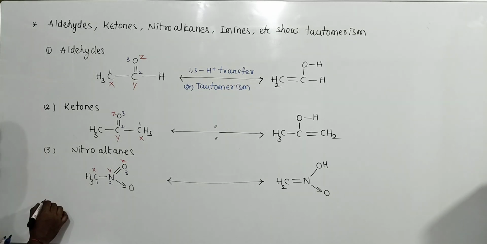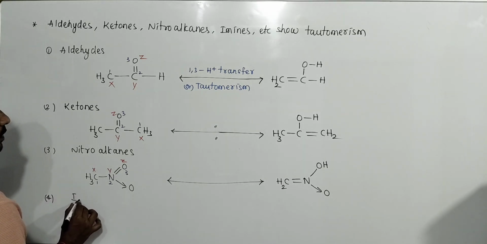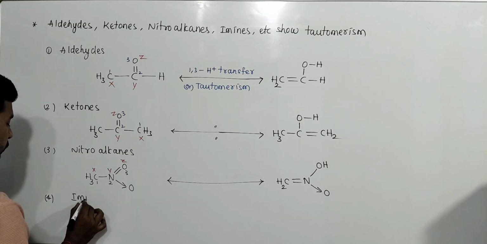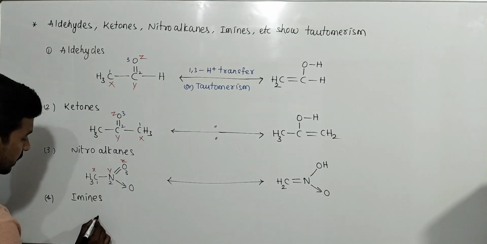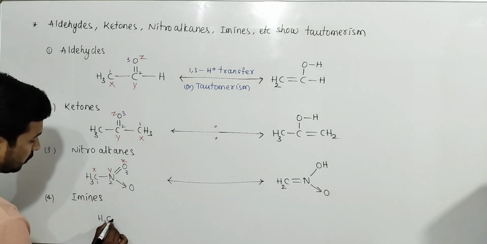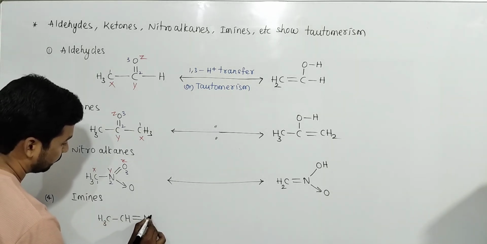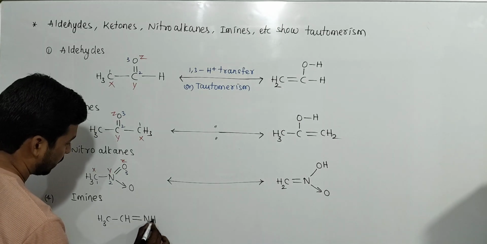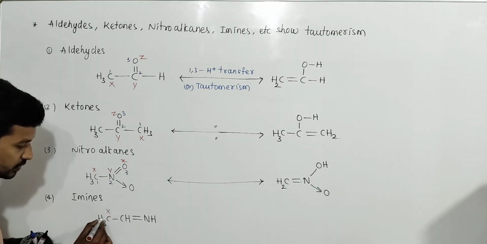And last example, imines show keto-enol isomerism. See this example, CH3, CH double bond NH. Once verify, this is the X atom containing hydrogen.